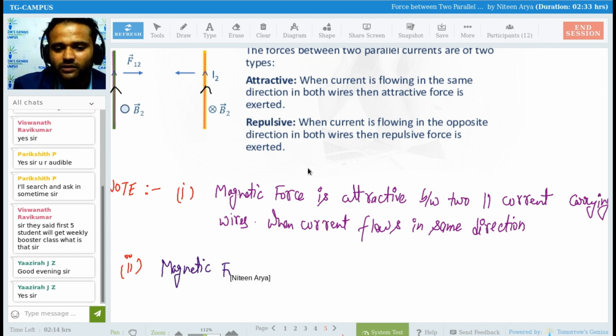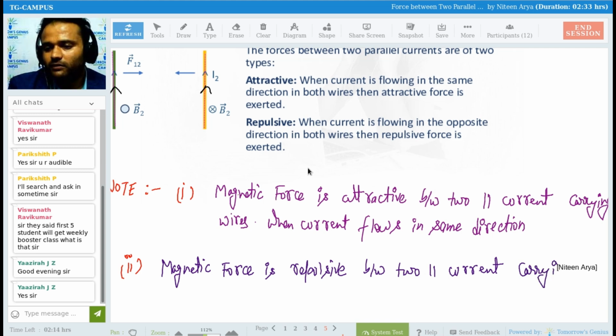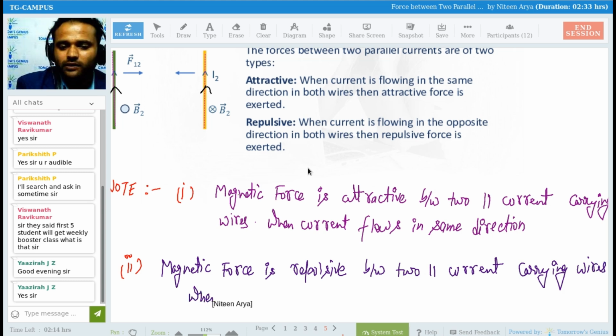Magnetic force is repulsive between two parallel current carrying wires when current flows in the opposite direction. And that is very easy to understand.